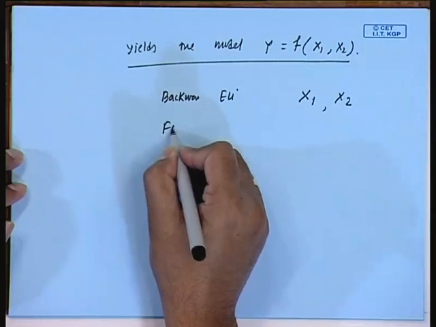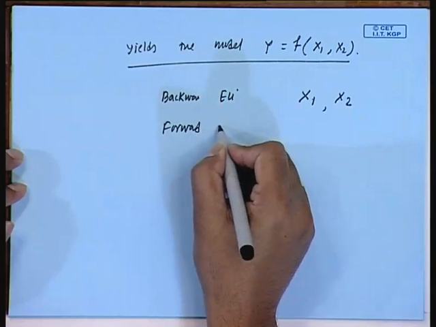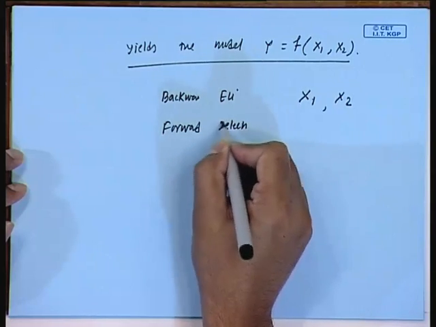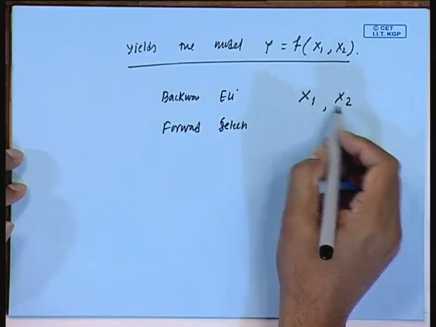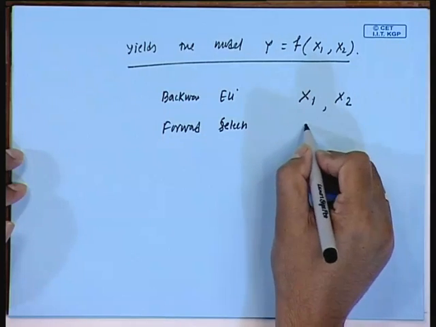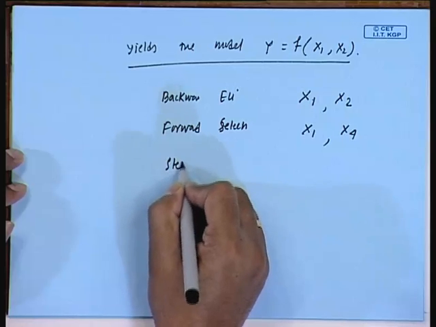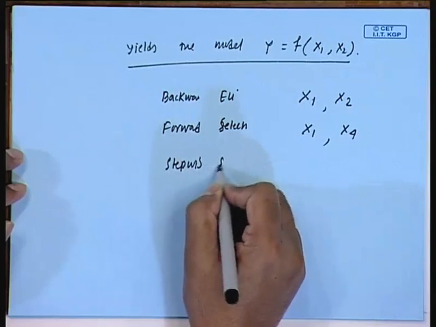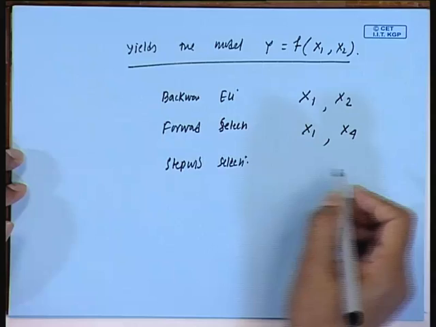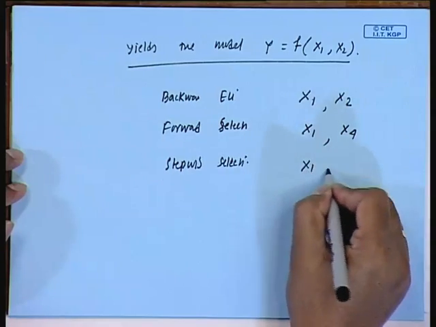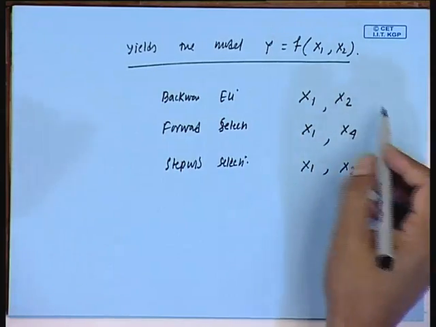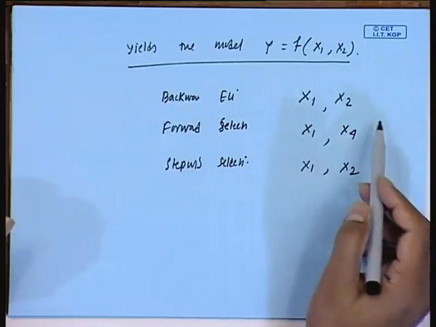Now, the forward selection finally selected regressors x1 and x4, and for stepwise selection the final output is x1 and x2. So, the results are not unique, that is what I want to say, and that is all about the model selection. Thank you very much.